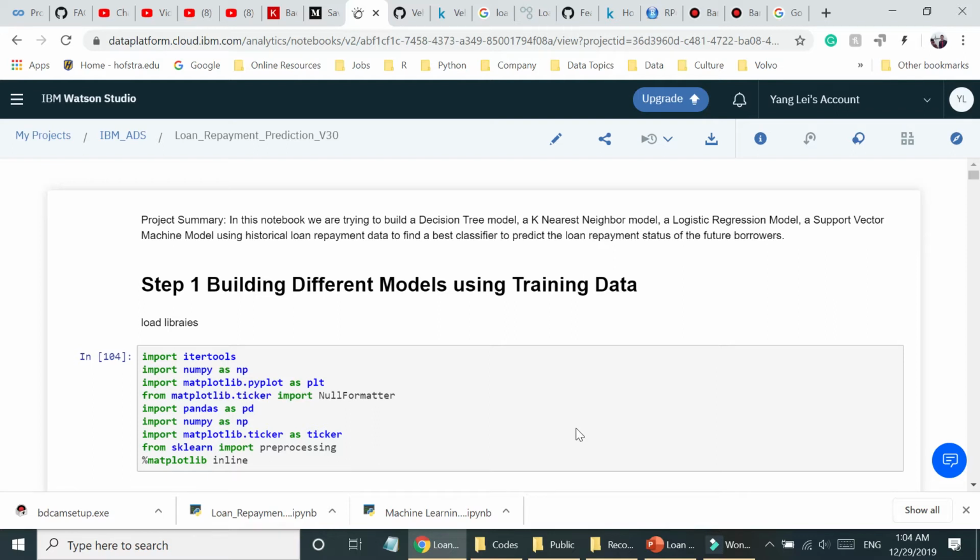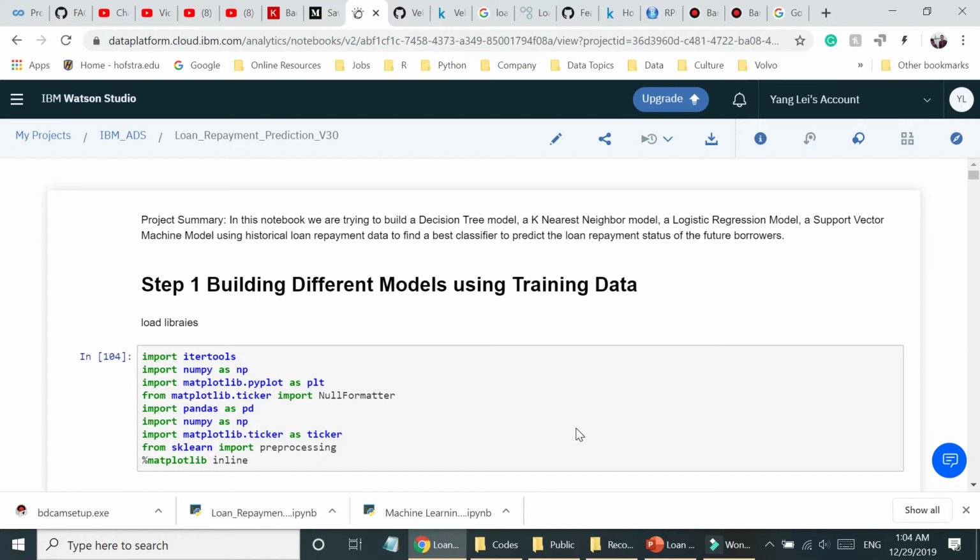But if the lender criteria is too lax, many loans may default. This would be a huge risk and cost for banks. So machine learning can help to solve this problem.